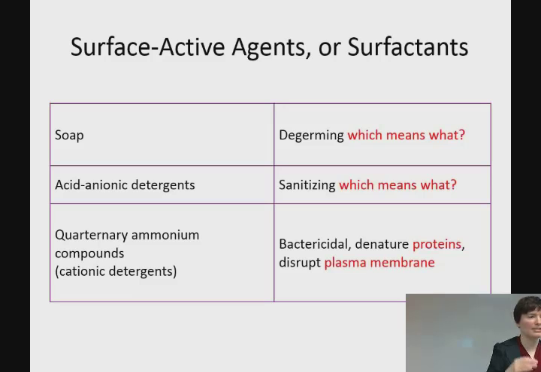Remember way back to that list, it's like bringing the levels of pathogens down to some safe level, some nebulous level mandated by the FDA or whatever organization is governing things. And then quats, these are based on ammonia, and they're positively charged because ammonia, you may or may not know, is a very positively charged molecule. These are extremely effective compared to these other two, and they're bactericidal, so they kill bacteria, they denature proteins, and they disrupt plasma membranes.